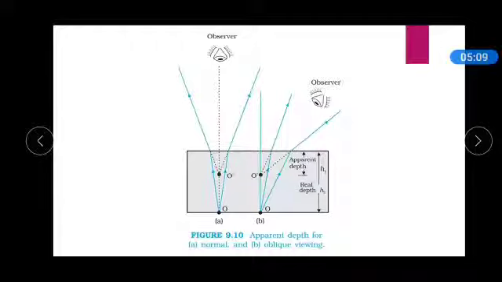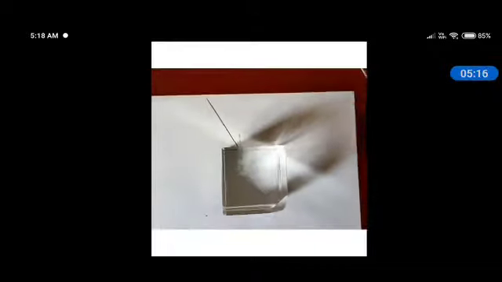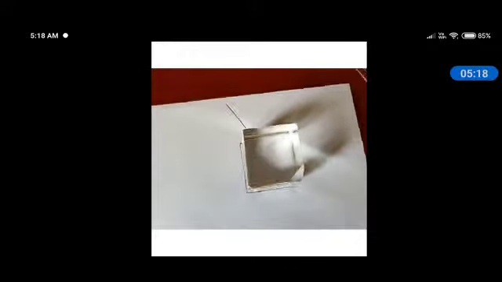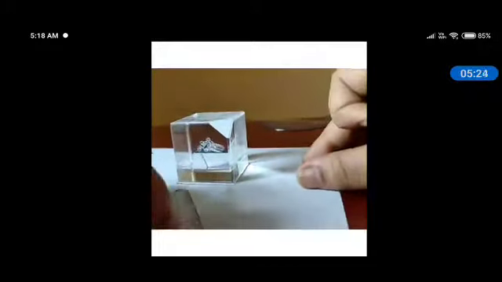So the next topic here is lateral shift. Here's another video demonstration. My friend here has used a crystal to demonstrate this experiment.